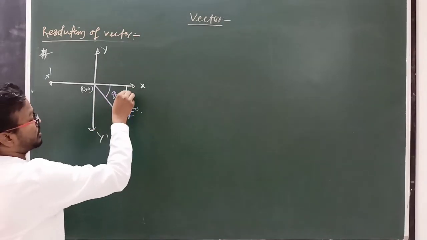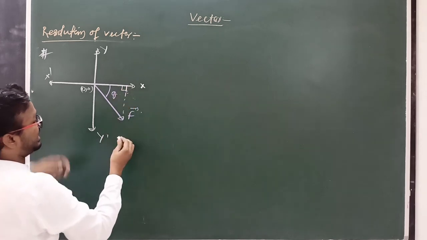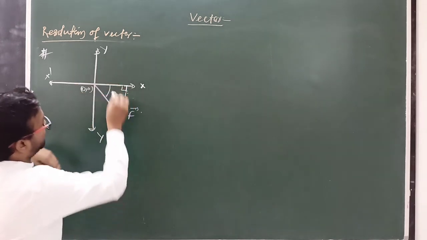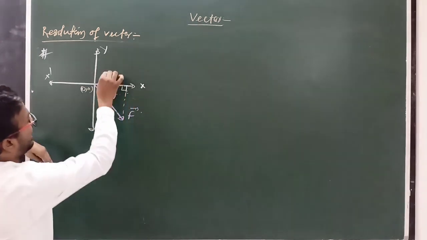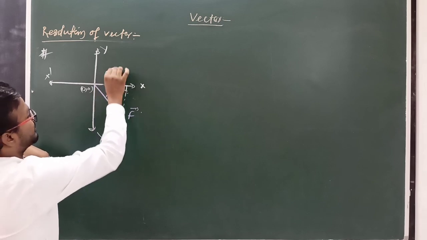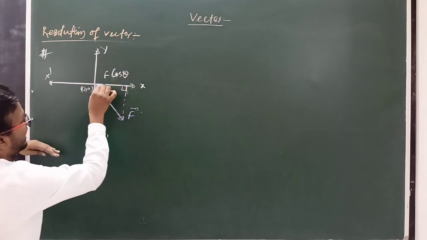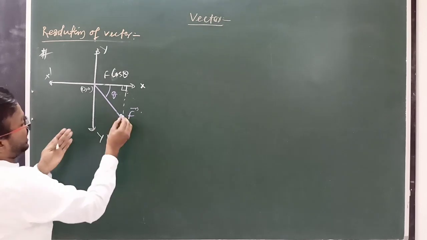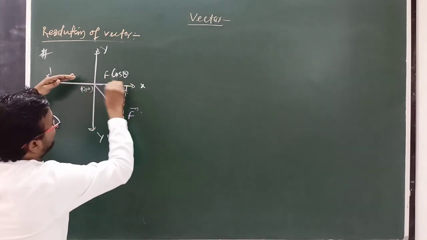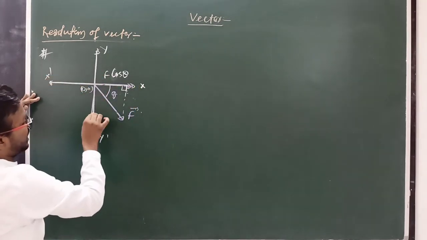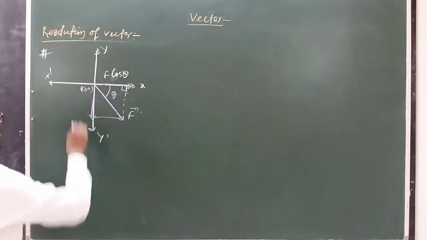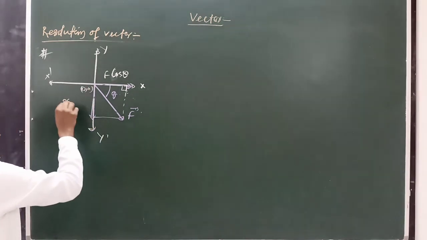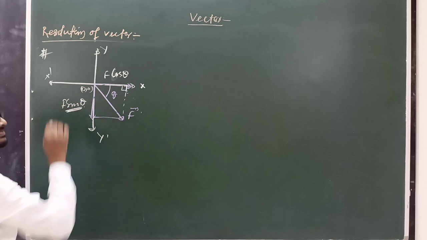Now first you have to draw a perpendicular here, this angle 90, and the side next to the angle, you write f cos theta. So this side is f cos theta, and we resolve into two rectangular components. Here we get a component along x axis and another component along y axis, and this component is known as f sin theta.